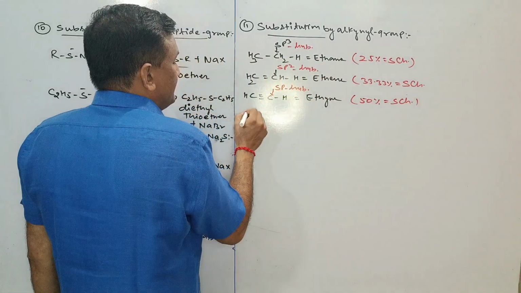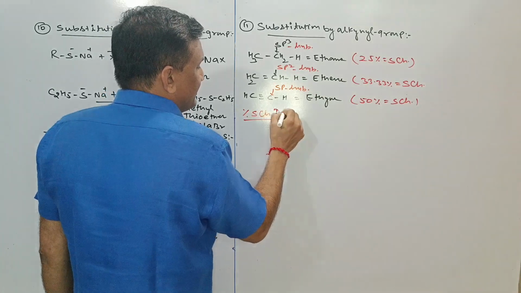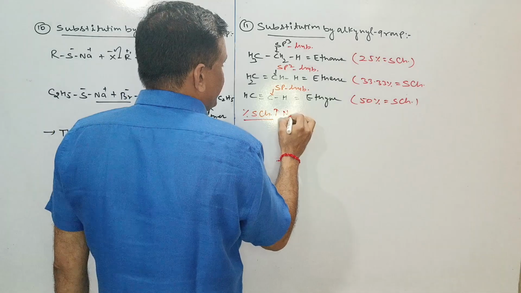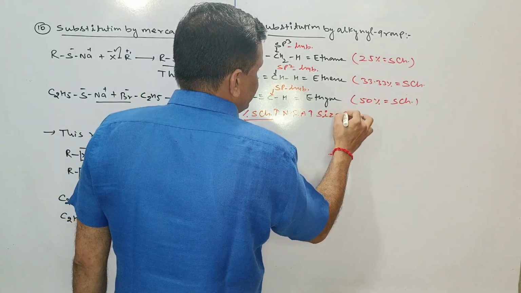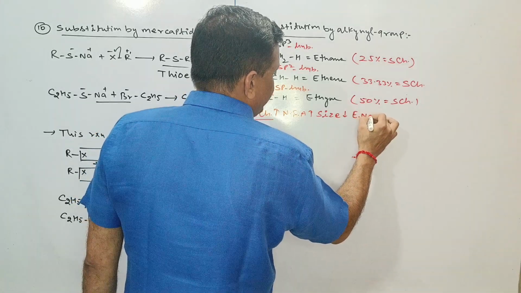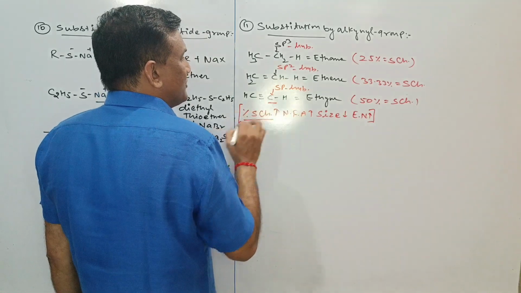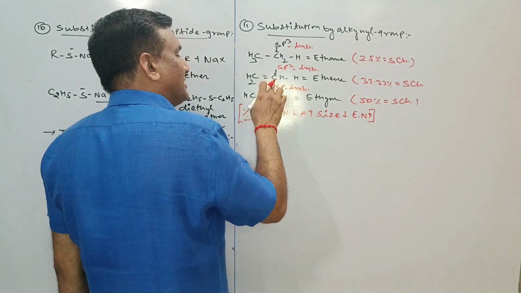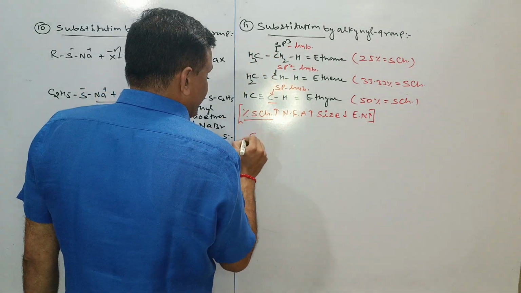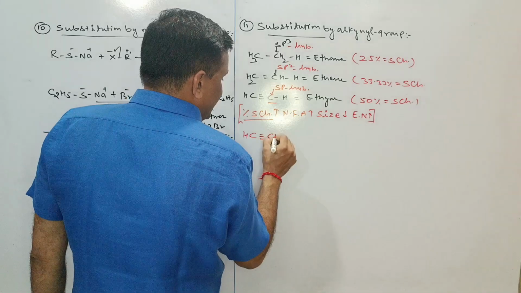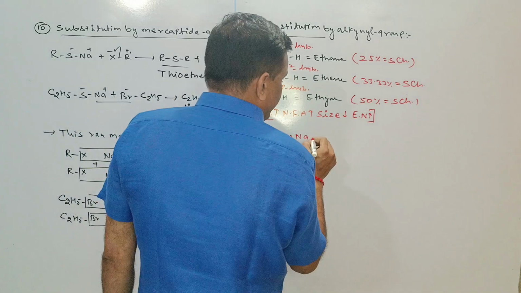And you all know as the percentage of s character increases, the nuclear force of attraction also increases, size decreases, and as a result electronegativity also increases. Due to this reason, the alkyne carbon is more electronegative than the alkene carbon, and the carbon of the alkene is more electronegative than the alkane.